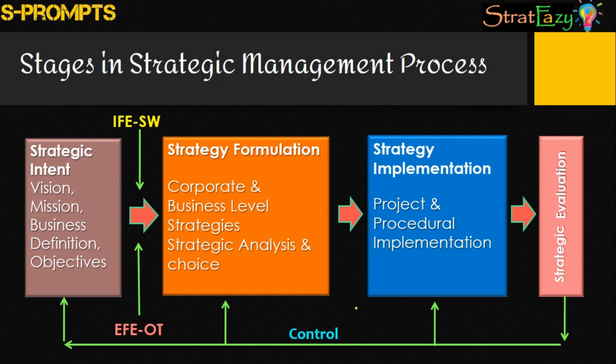In our previous video on the strategic management process, we discussed the four stages involved in it. The first stage begins with formulation of strategic intent. The strategic intent is the purpose or reason behind formulation of the strategy. The reason for formulating strategy is that organizations have certain visions which they want to achieve.